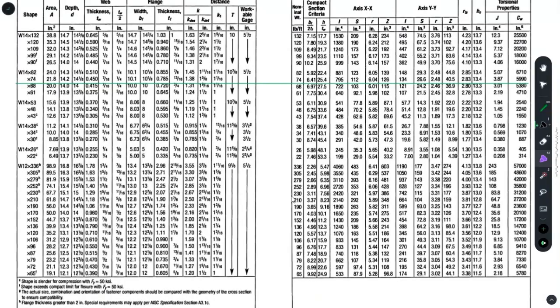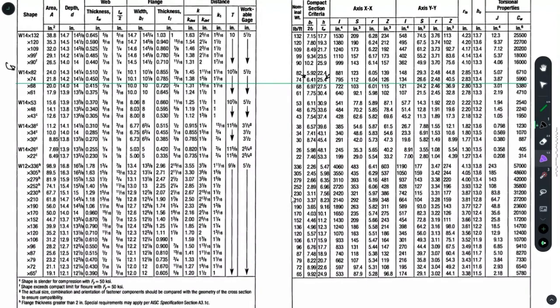I'm opening the manual, and here you can see that for the given section W14 by 74, you have compactness criteria, and for that bf over 2tf is the slenderness of the flange, and h over tw is the slenderness of the web.